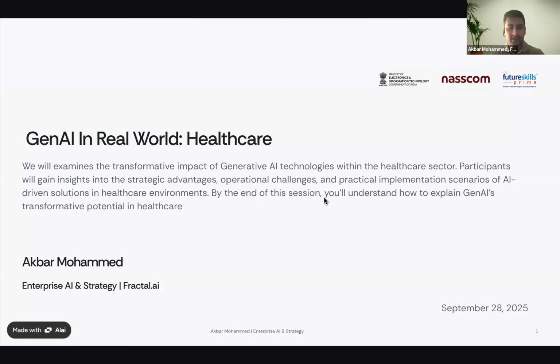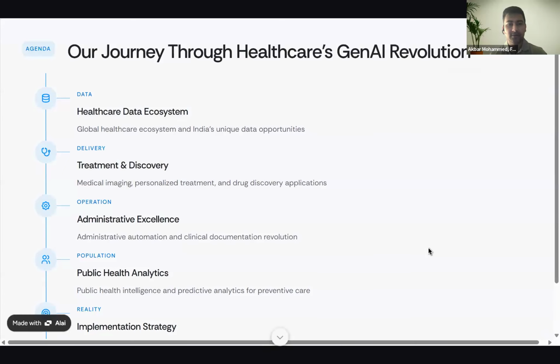Today it's being used in different areas, from strategy to operations. There are different scenarios in which healthcare companies and pharma companies are using it. For that, I have set up a small session. We'll talk about the data ecosystem first, and then touch upon a few areas where it is creating the most impact.